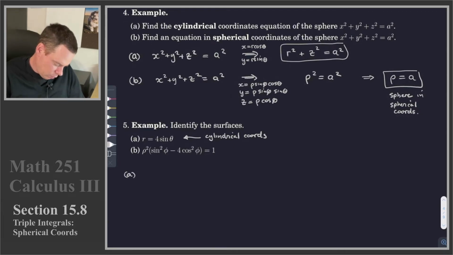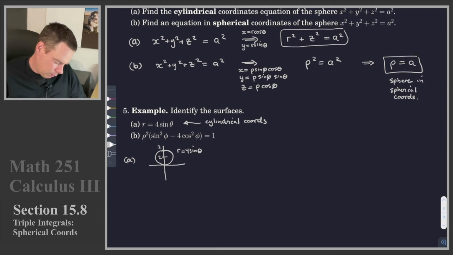So we'll first sketch what it looks like in the plane. This is going to be a circle that's centered at 2 and has a radius of 2. So let's label it as r equals 4 sine theta. This was our y-axis, and this is our x-axis.